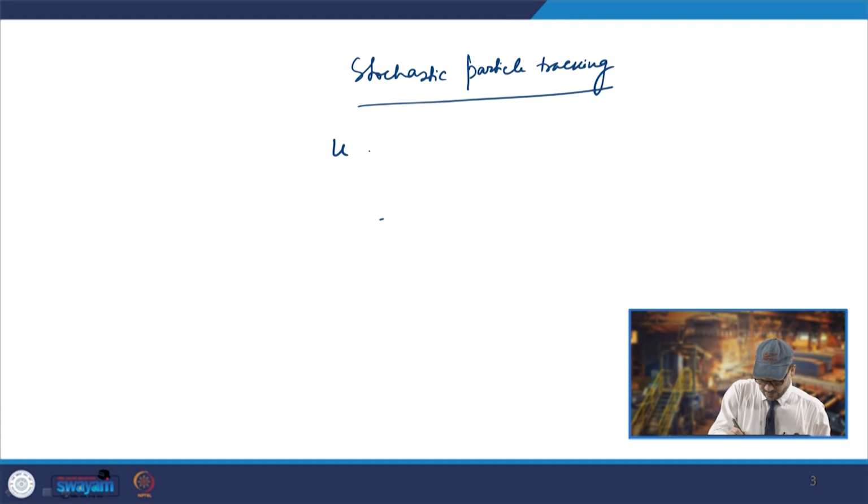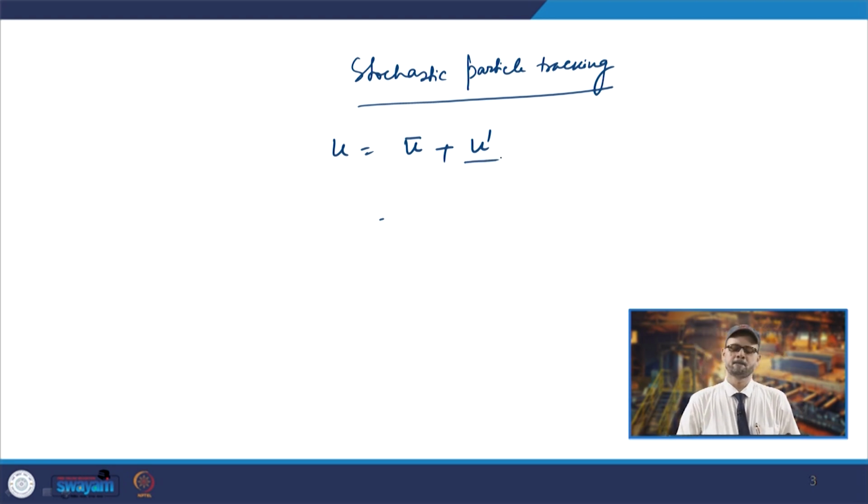As we know, in turbulent flow your instantaneous value is the mean average plus the fluctuating part. To know the effect of this turbulence, you calculate its value from the turbulent kinetic energy, and its net effect is seen when we draw the trajectories.